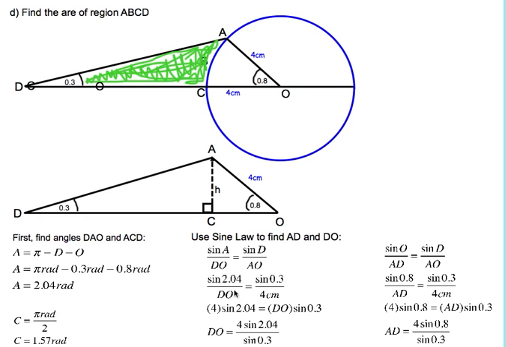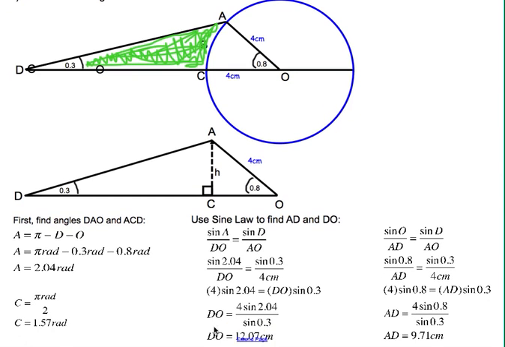Since there's one unknown, we isolate it, and we get DO is equal to 4 sine 2.04 over sine 0.3, and after putting that in our calculators, we find that the length of DO is 12.07 centimeters.